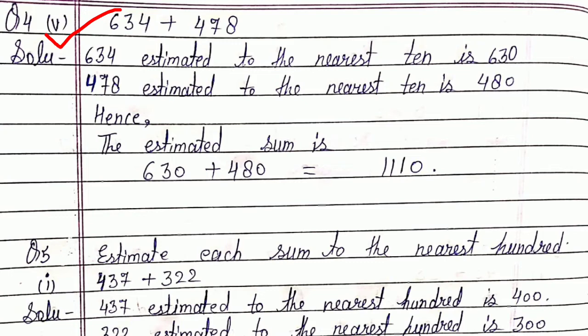As you can see, in ones place 8 is given and according to the rule 8 is greater than 5. We will add 1 to the rounding place, that is 7. It will become 8. So rounding of number will be 480. Hence the estimated sum is 630 plus 480 which is equals to 1110.